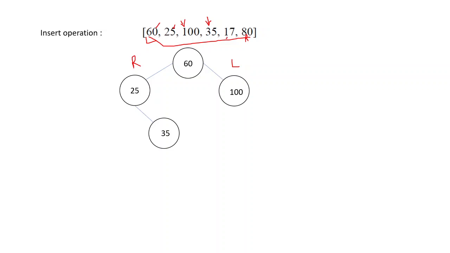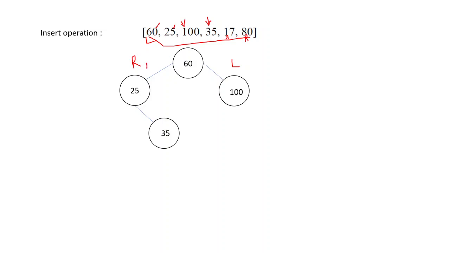Now the next node to be entered is 17. So actually what happens here is, first we will compare 17 with the root value, which is 60. This will determine which way 17 will be placed, that is in the right subtree or in the left subtree. So immediately we know that 17 needs to be placed in the left subtree. The left child of the root node 60 is 25.